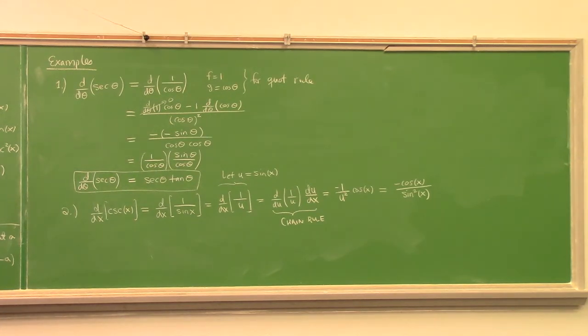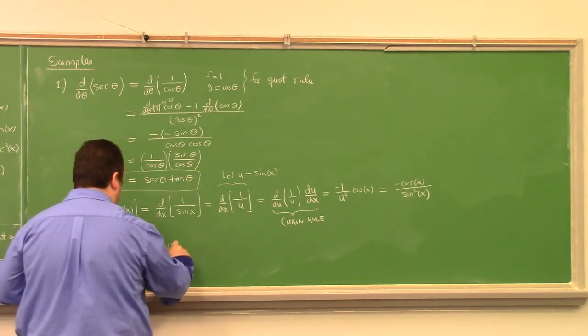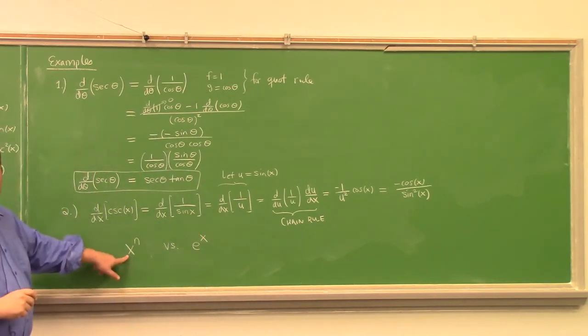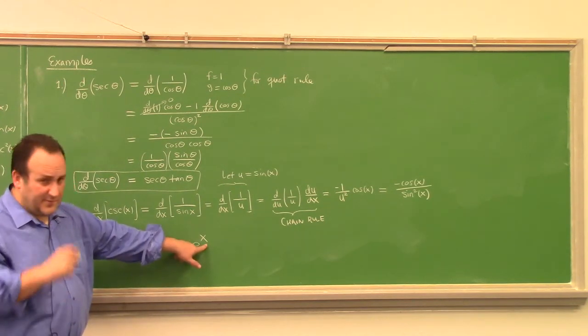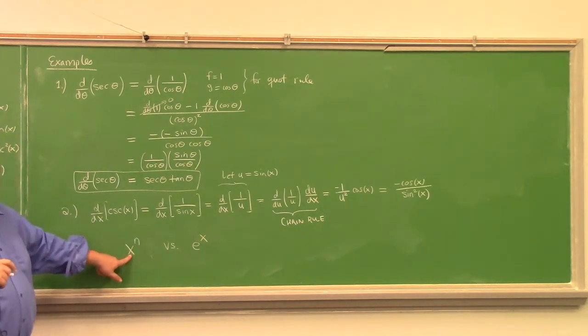x to the n is a power function because the variable's in the base, right? See, x to the n, the variable is in the base. e to the x, the variable's in the exponent. So this is an exponential function. You might expect that this would be called a base function, but annoyingly we call it a power function.